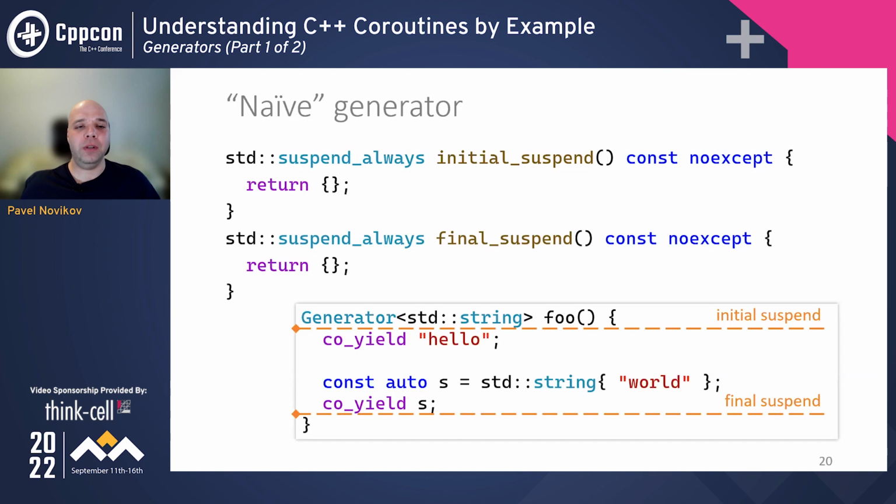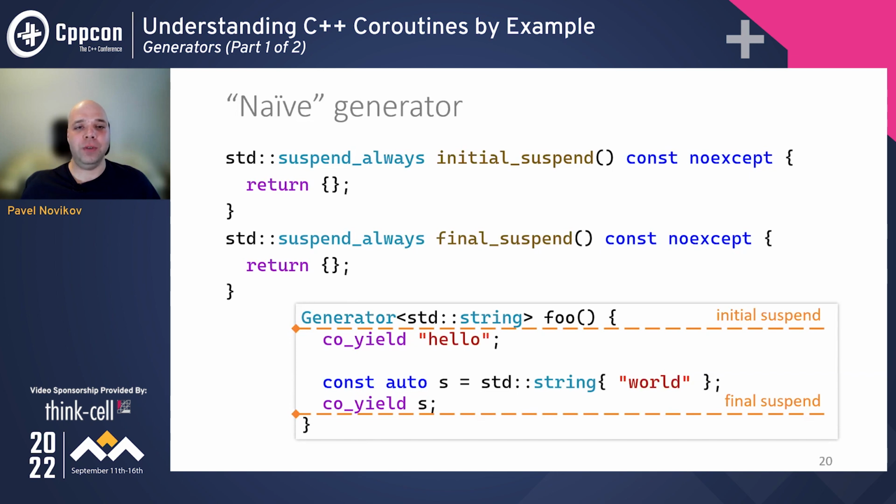We want to suspend at the final suspend point because all our stuff, our result, is inside a promise, and the promise is inside the coroutine frame. And after our coroutine generator is finished, in case it finished the execution, we still want to get the result of that execution.